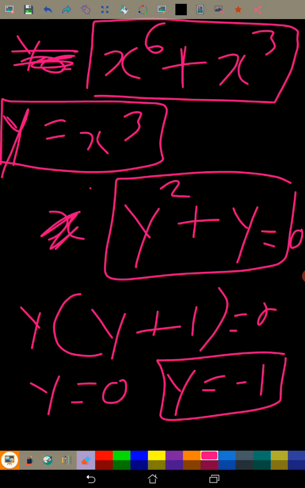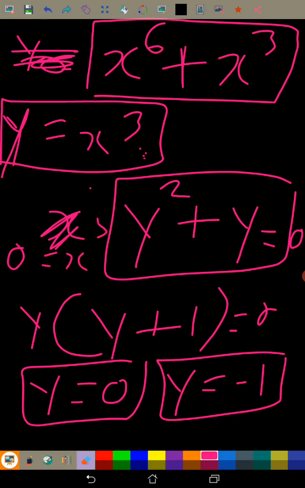So we have the solution set for this, but remember that we did this substitution. If 0 is equal to x to the power of 3, so root cube of this, x is going to be 0. But for the other one, if it's minus 1, so root cube of minus 1, does it exist?